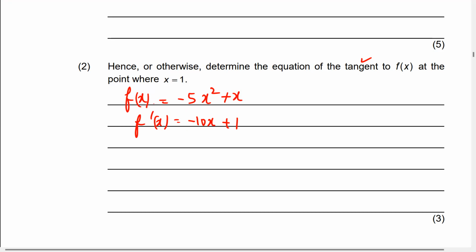Hence or otherwise determine the equation of the tangent at that point. So f prime at 1 is minus 10 plus 1, which is minus 9.